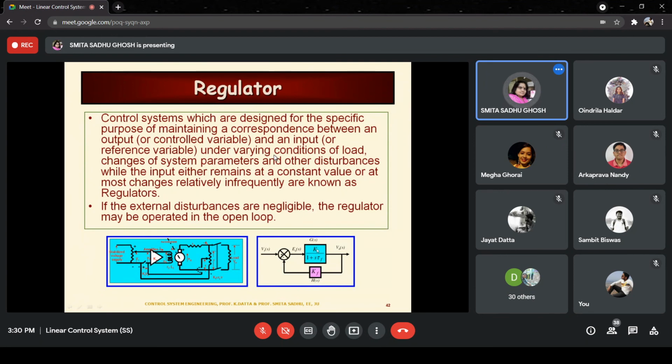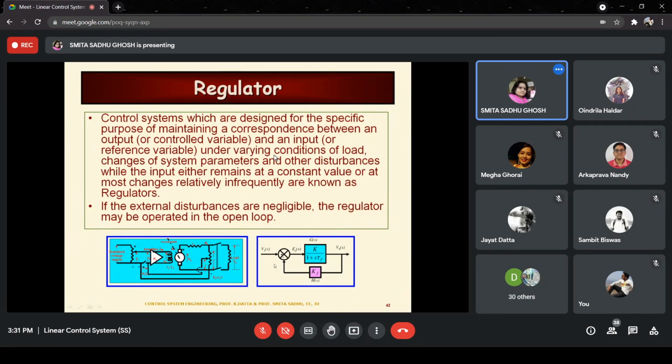Ignore the transfer functions written within the blocks. Okay, for the time being, we have a system with an input, then we have an error detector generating a signal which goes to the forward path element, and then the output. And there is also a feedback element, feeding back the negative feedback. So that's the general system that I was speaking of, right? So now, if, say, for example, we want that the output will remain at a fixed value.